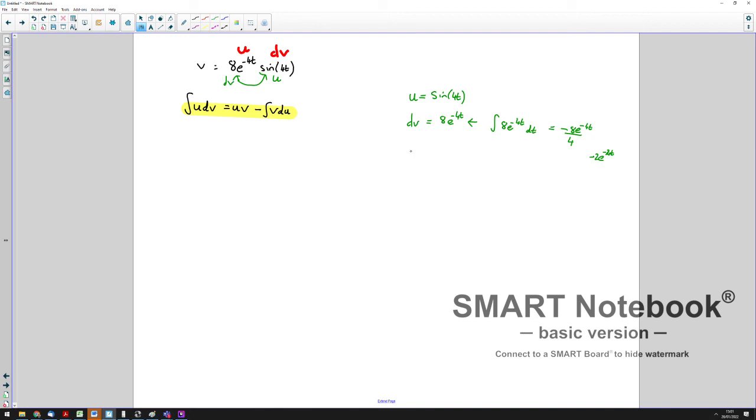Okay, so if we carry that on, we've got u, v is equal to that. We've just worked it out. We just need du. So we need to differentiate u with respect to t as well.